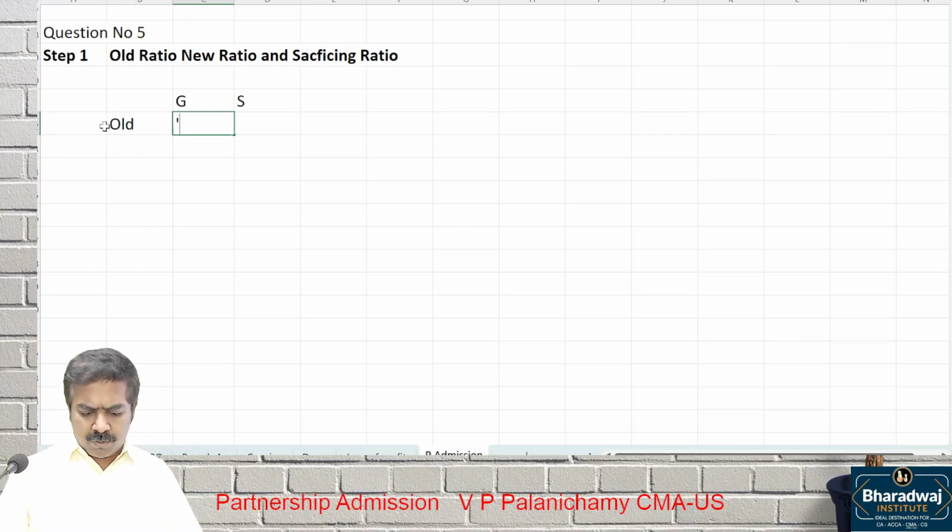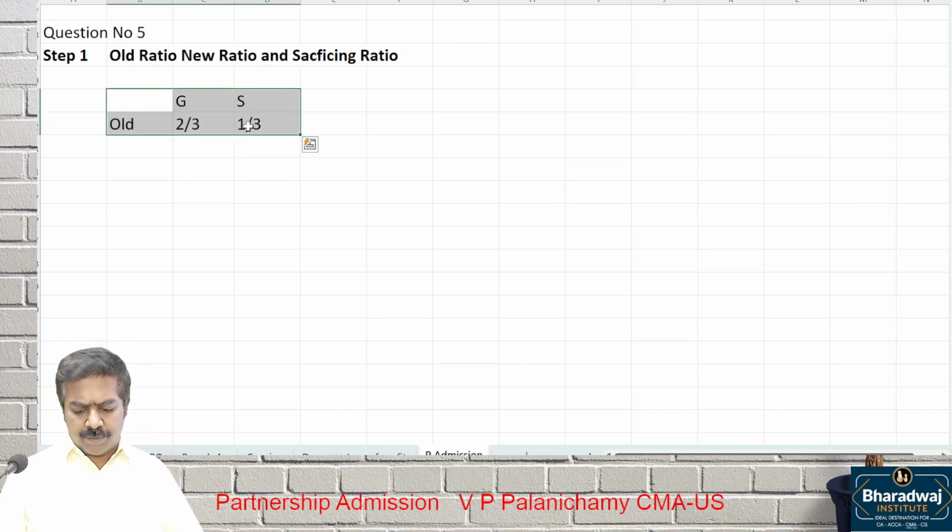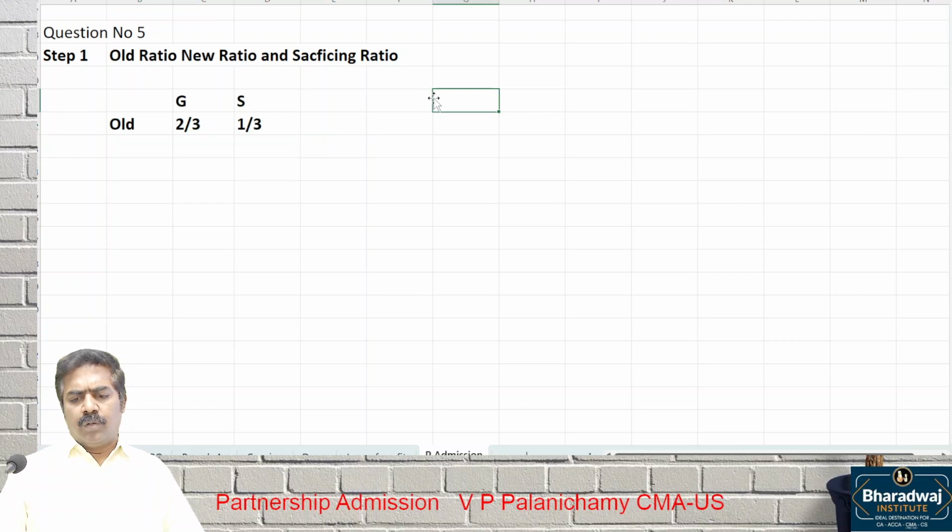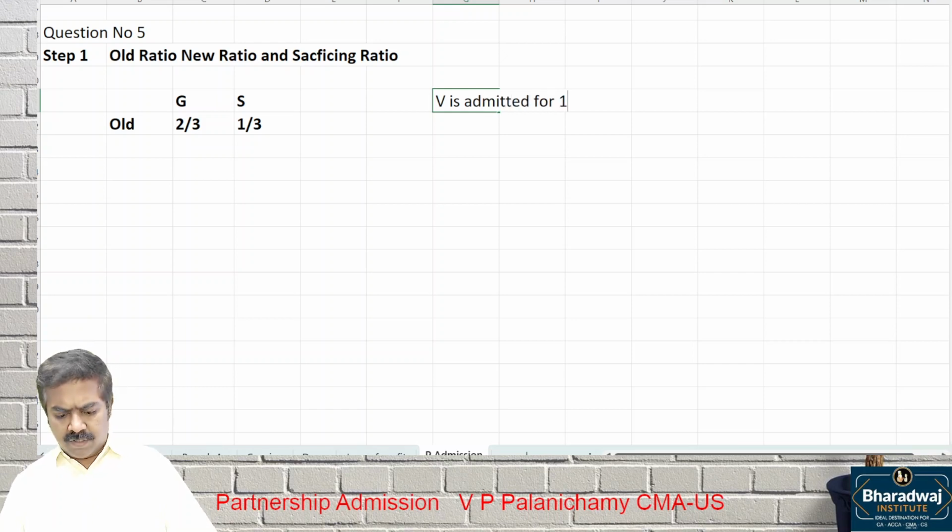What is the old ratio? So it's like 2 by 3, 1 by 3. G and S in old ratio. Who's the new partner? B is admitted for 1 by 4. This model we have done already. If B takes 1 by 4, balance will be 3 by 4.